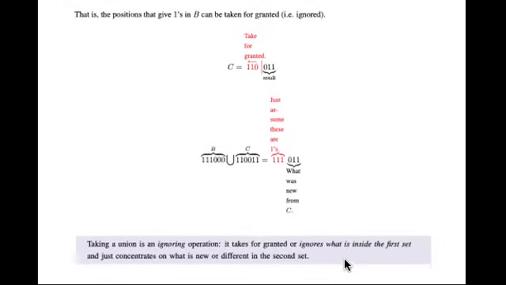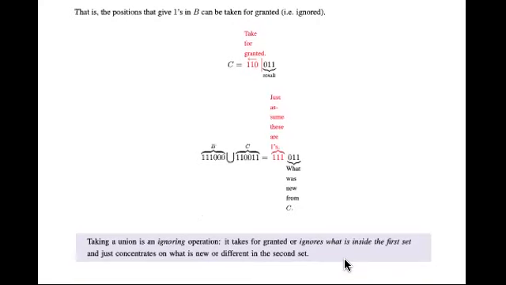And that's one way of getting a union. Hence, union is a lot like an ignoring operation.